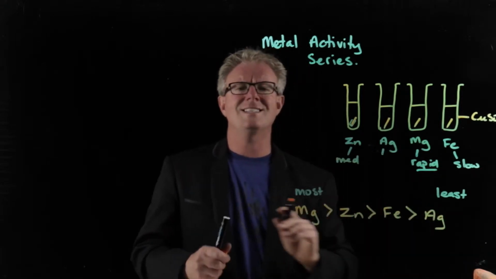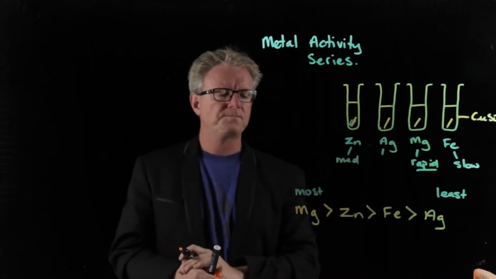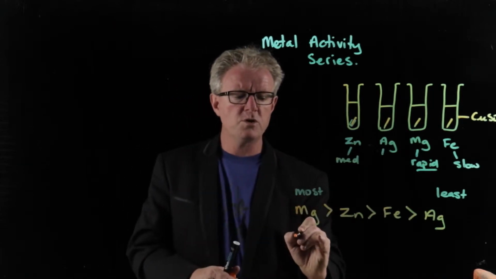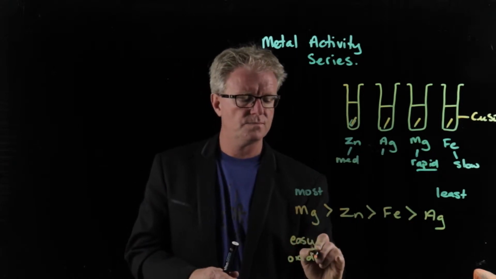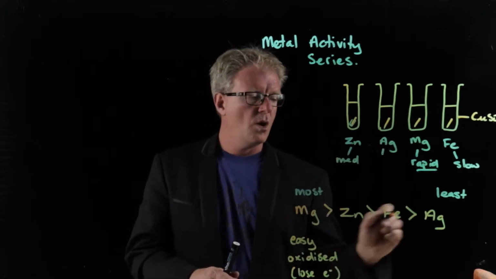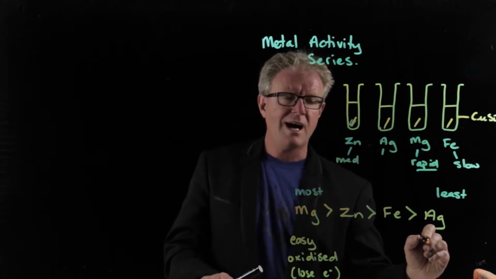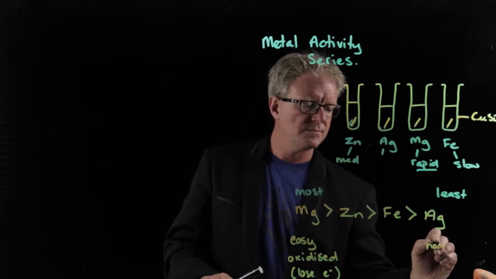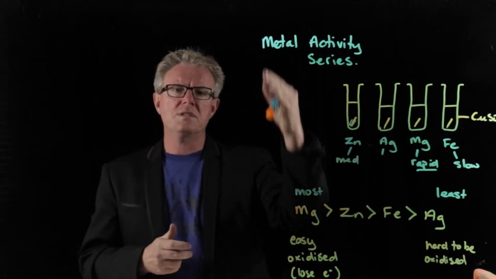So we have a series here of metals that show different reactivities. So up here, the most reactive are those that are easily oxidized, while down here, the less active ones are harder to oxidize. Okay? And so we can come up with a series.